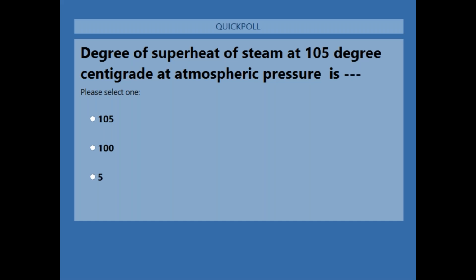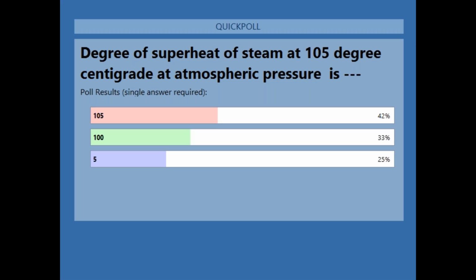Those who are confusing the degree of superheat concept with the boiling point, let me close this poll and show you how you are confused. Some students, 42%, assume that the temperature of the steam itself is the degree of superheat.